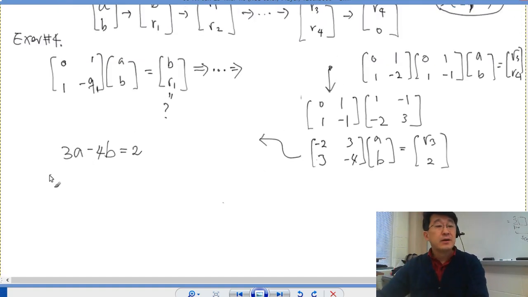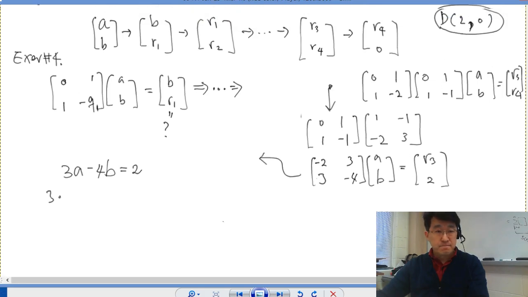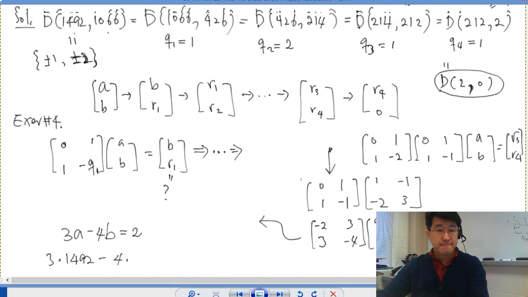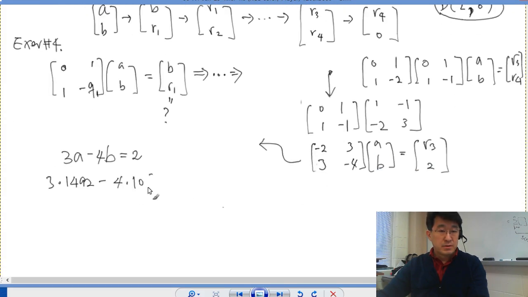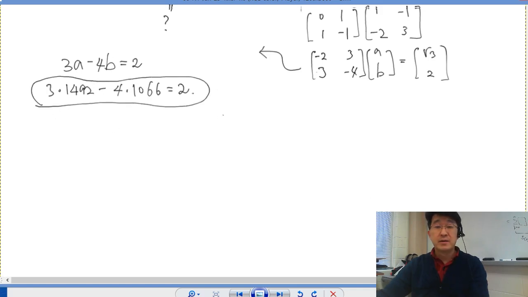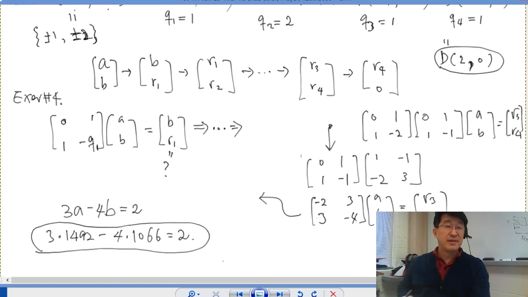So let's write that. 3 times what was A? 1492, right? Minus 4 times what was B? 1066 is 2. Out of all that, this is all we got: 3 times 1492 minus 4 times 1066 reaches the greatest common divisor.